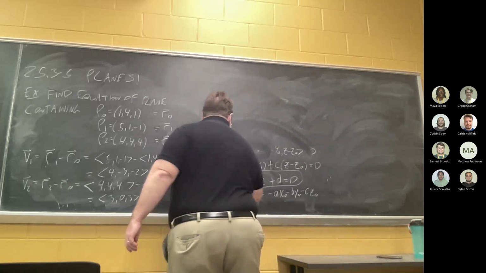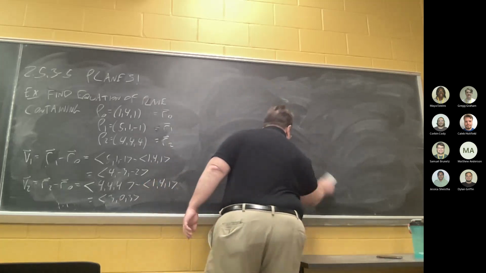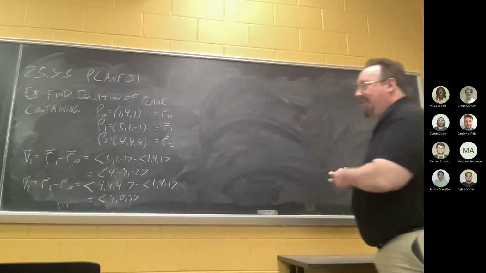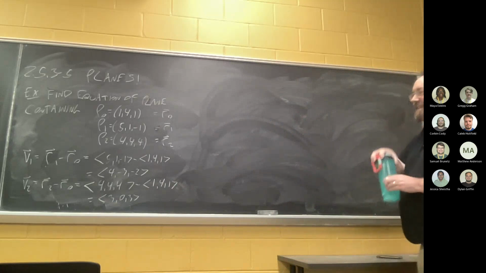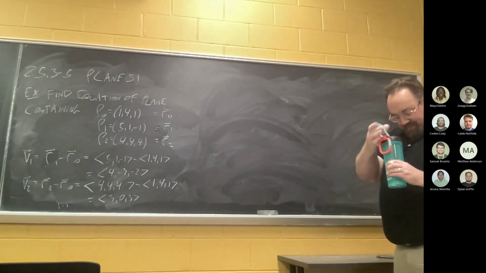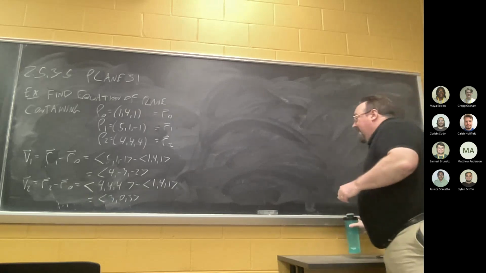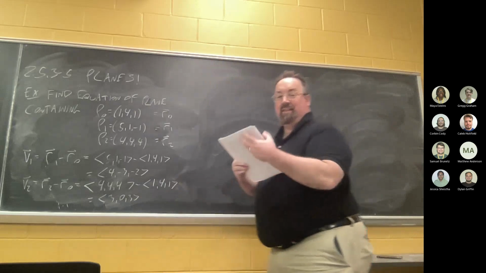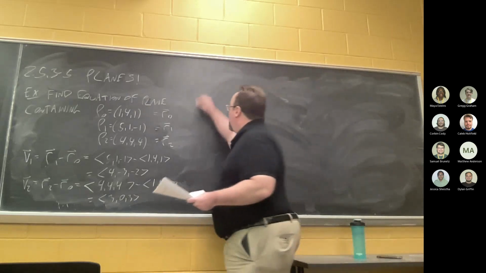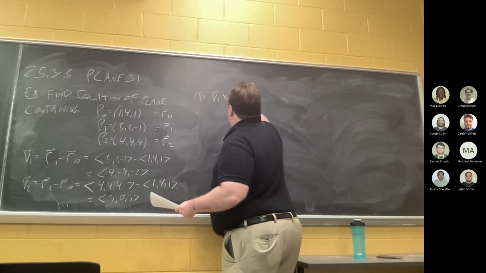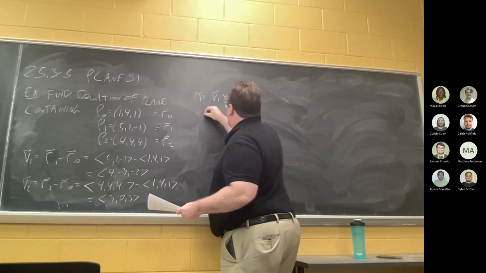Now what do we do? What's next? Okay. So n, normal vector n is v1 cross v2.